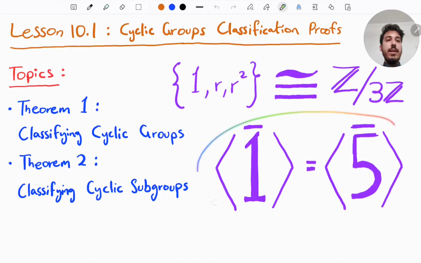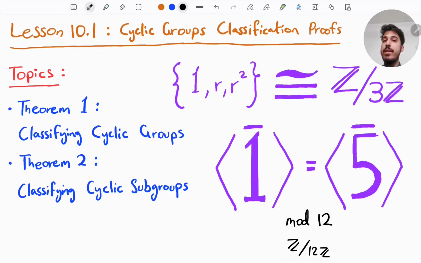And in here, we have the cyclic group generated by the element 1, let's say this is in modulo 12, so this is in Z/12Z. We've seen in the last class that in Z/12Z, the cyclic group generated by the residue class 1 will generate the whole group, Z/12Z.